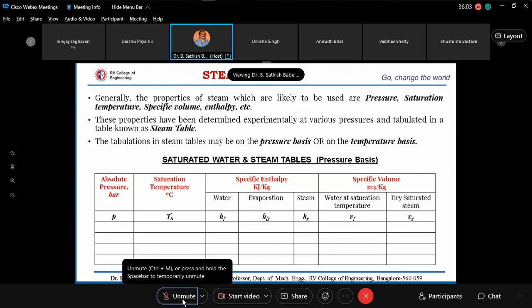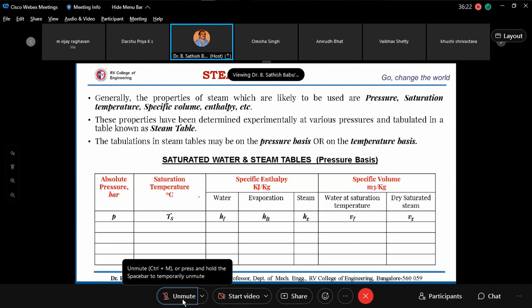Earlier we used to have some numericals on these properties of steam. At that time we were using steam tables. There are two different types of steam tables: one is pressure based, another is temperature based.